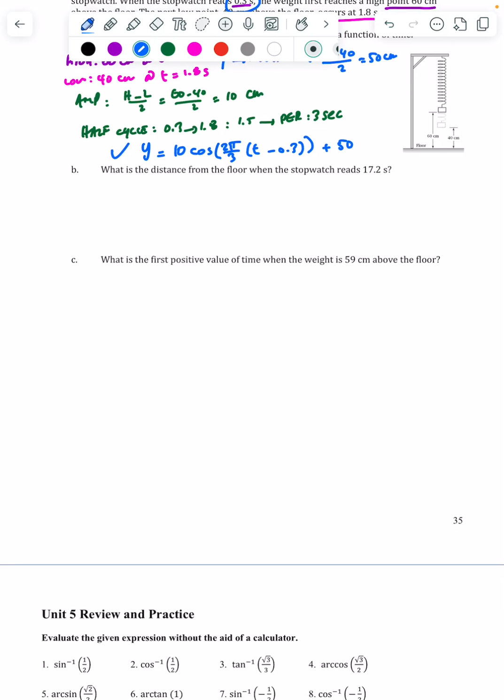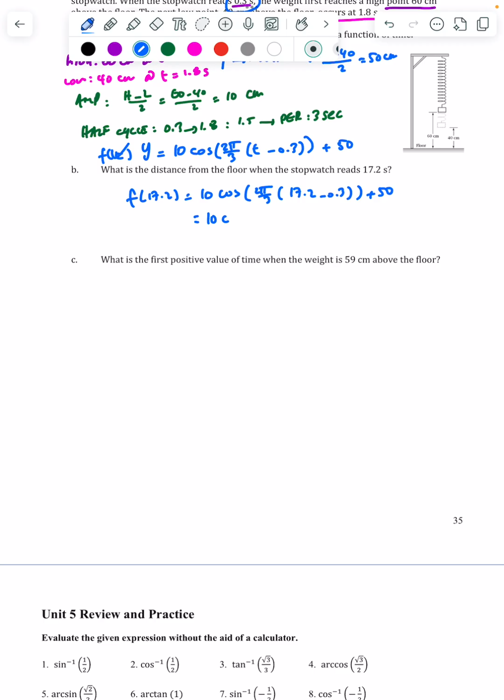What's the distance from the floor when the stopwatch reads 17.2 seconds? So you're going to just find f of t, so f of 17.2. And that's going to be 10 cosine of 2 pi over 3 times 17.2 minus 0.3, close that, and then plus 50 on the outside.